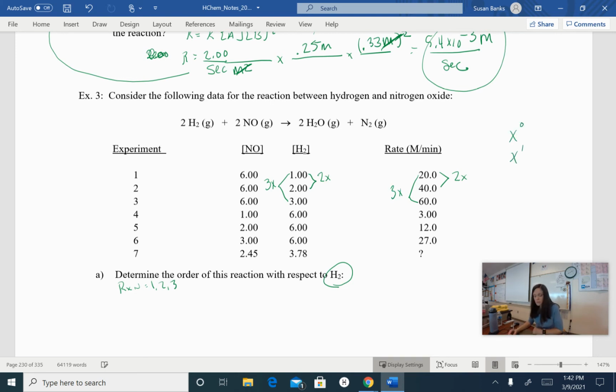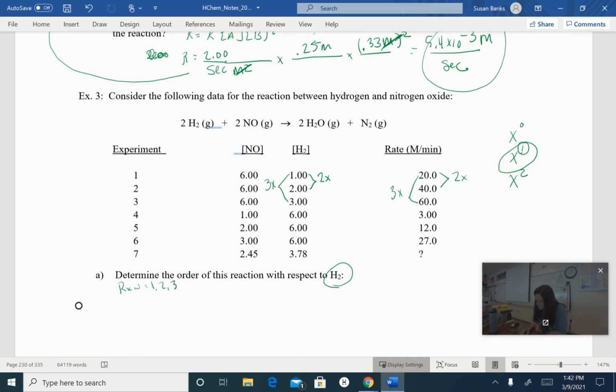Is it linear? Or is it squared? If you said it is linear, you are right. Okay, so that means our order with respect to hydrogen is 1.